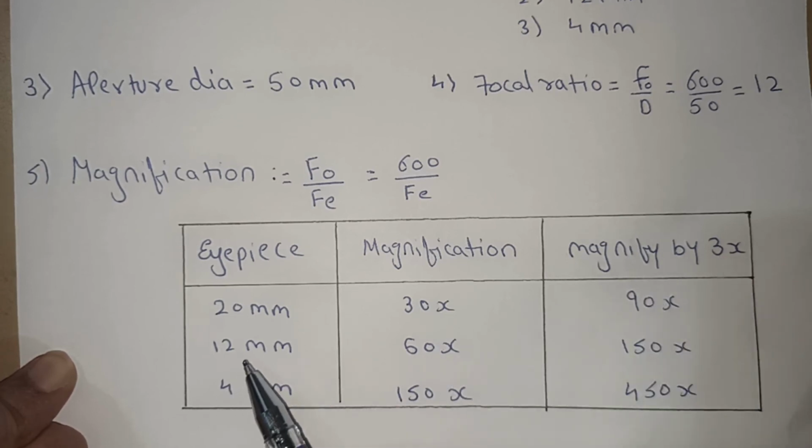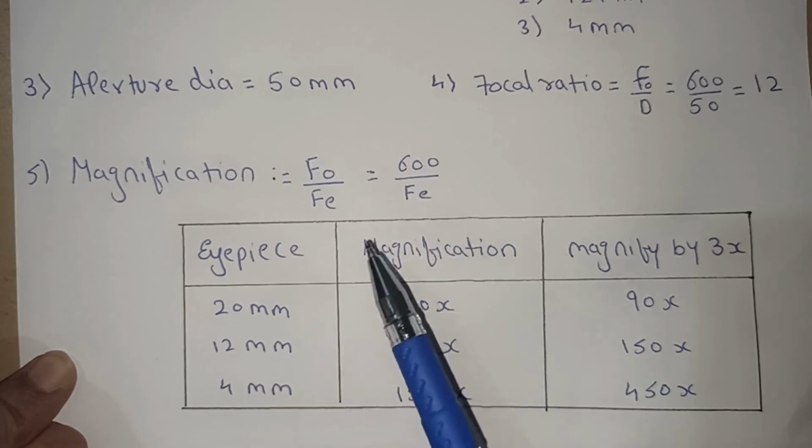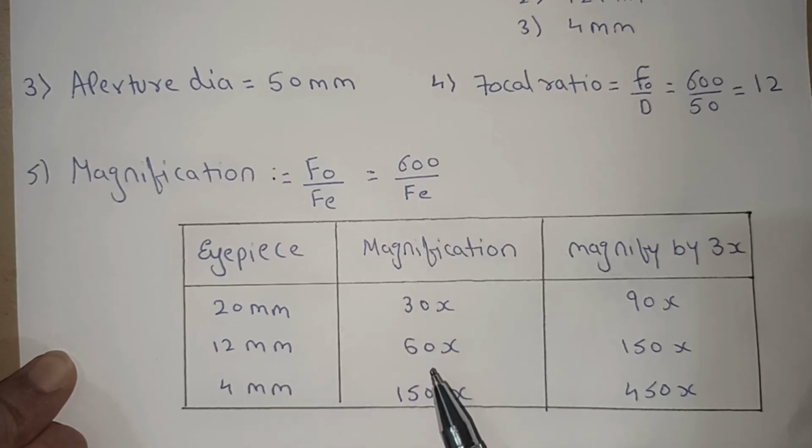If you use the 12 mm eyepiece, 600 divided by 12, your magnification will be 50x, and with the magnifier it will be 150x. With the 4 mm eyepiece, the magnification will be 600 divided by 4, which is 150, and with the help of the magnifier it will be 450x.